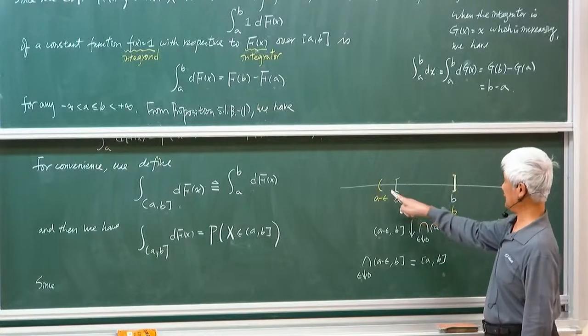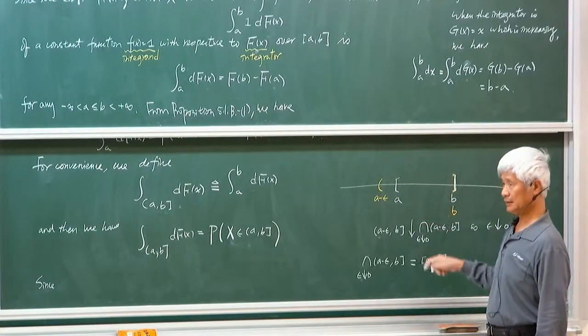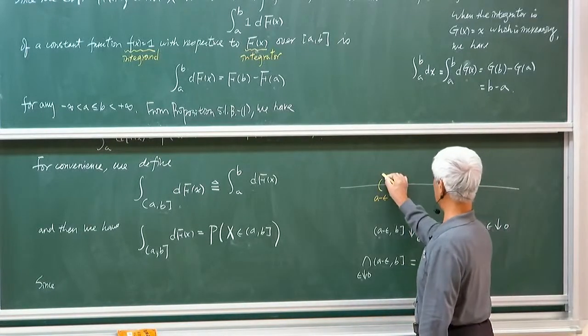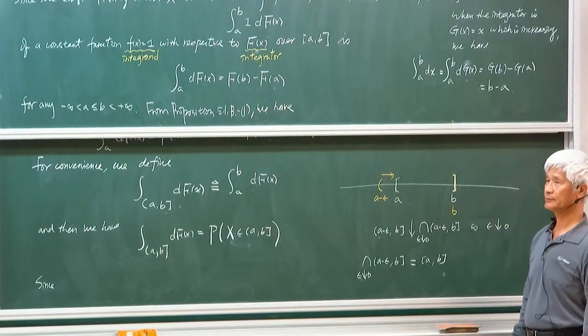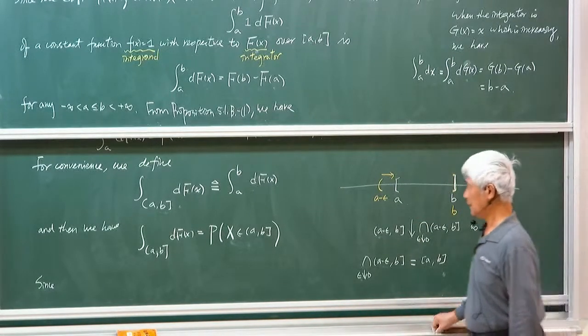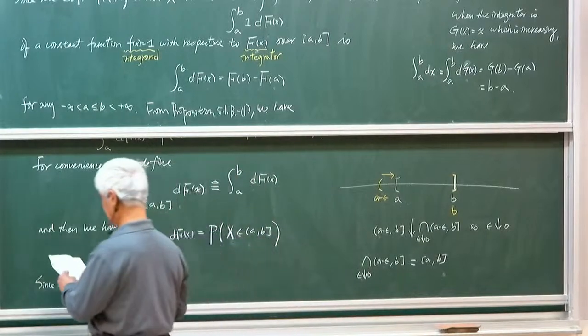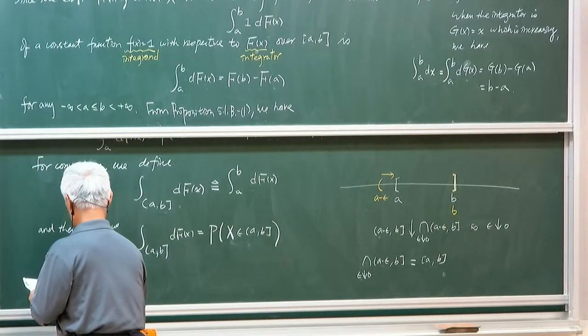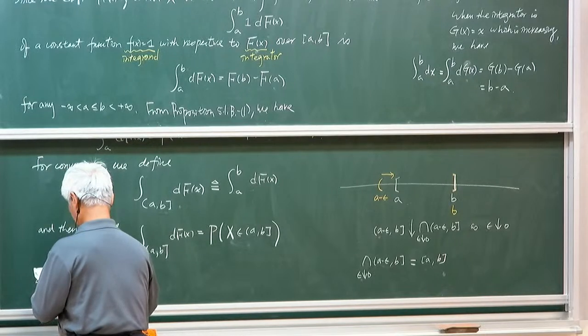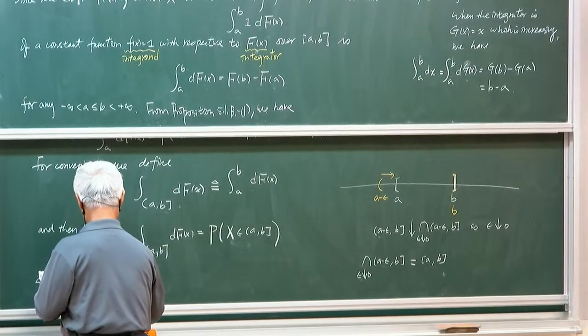Okay, you can look at the figures here. So this is going to there, to there. All right, so now we see that A minus epsilon, B go down to the intersection.